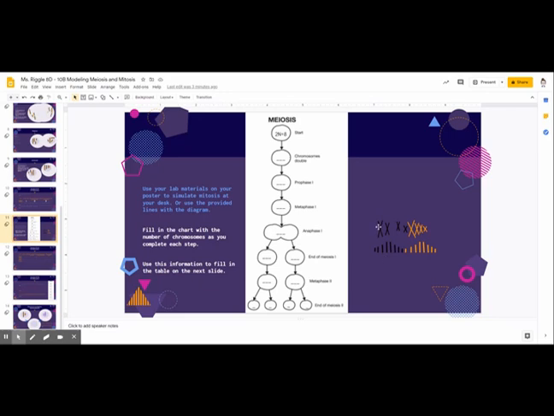If you would prefer, you can also still use the slides, just because we're here and I'm showing you right now. We're going to fill in the chart with the number of chromosomes as you complete each step. Right here I have text boxes with little blanks in them, and you can just type in whatever number you think it is. It's not 5, by the way. Use this information to fill in the table on the next slide.